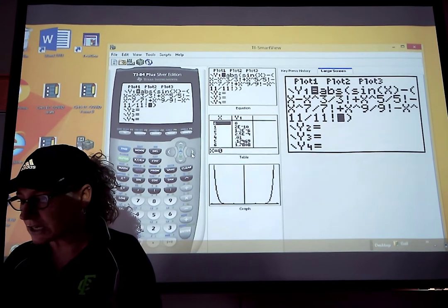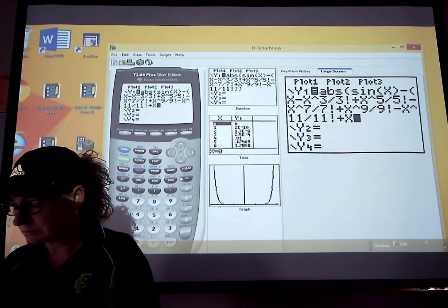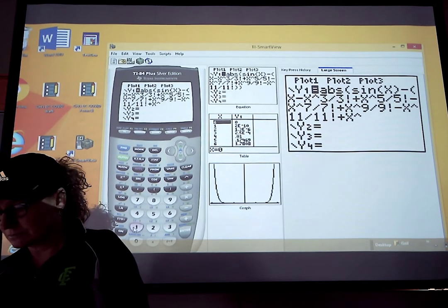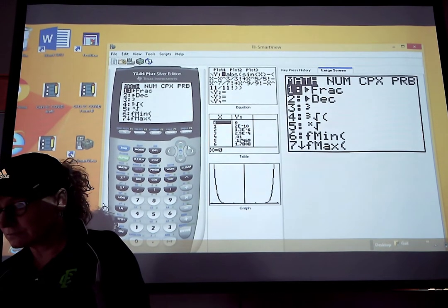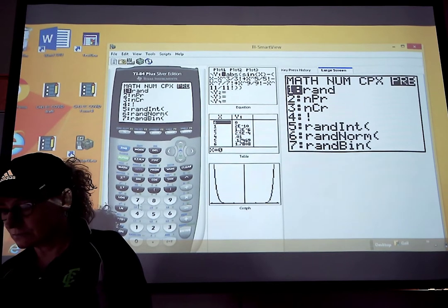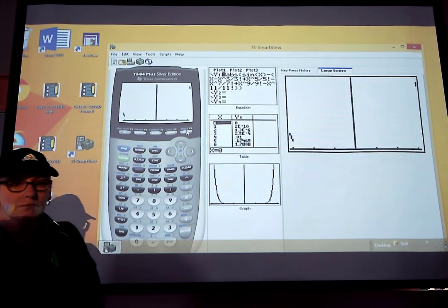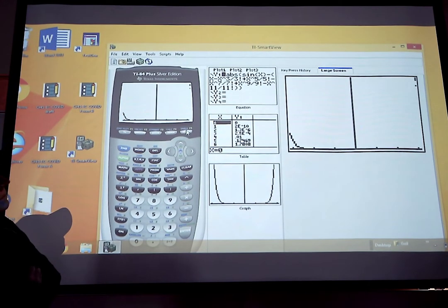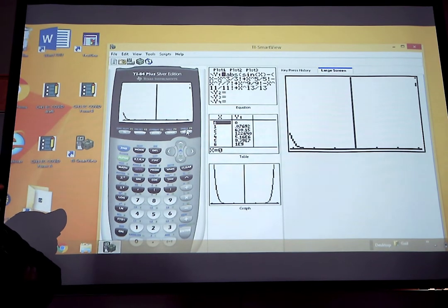And my 13 is going to be positive plus. That did it. Adding that one more term.